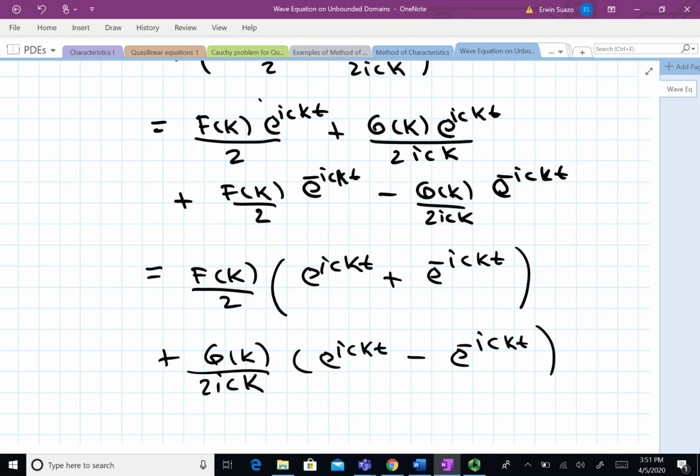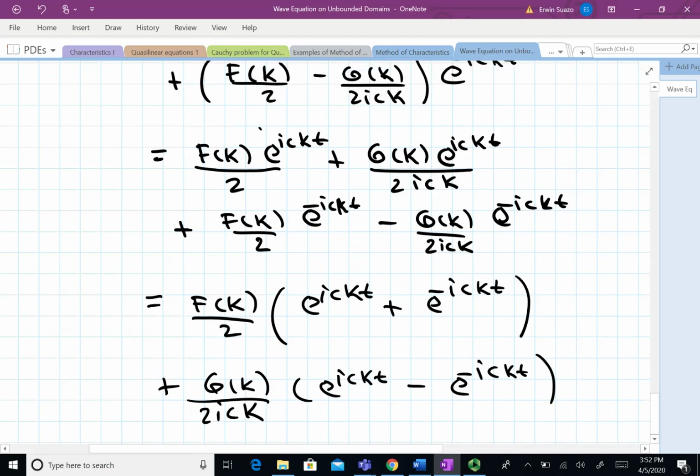It's minus; I have a typo here in my notes.